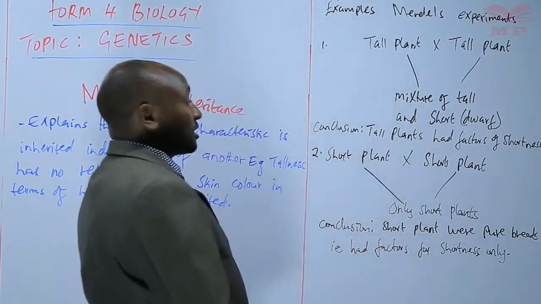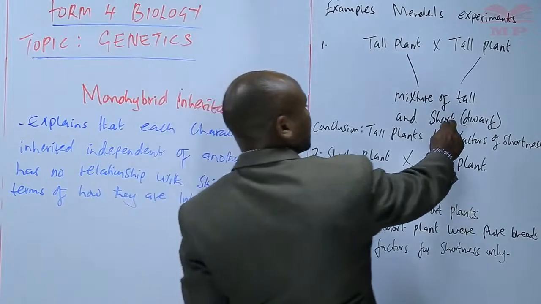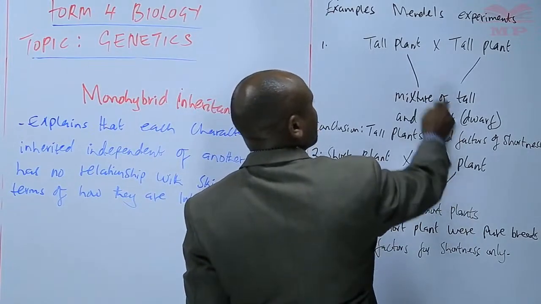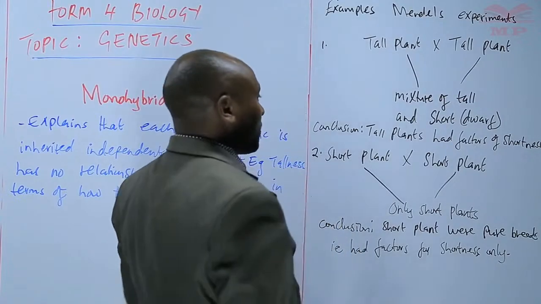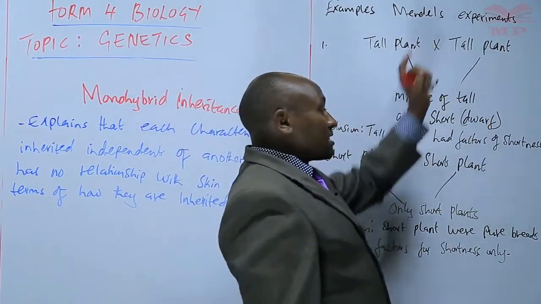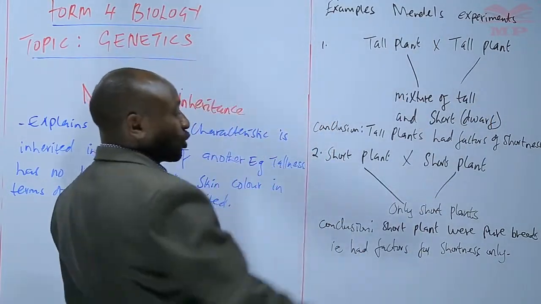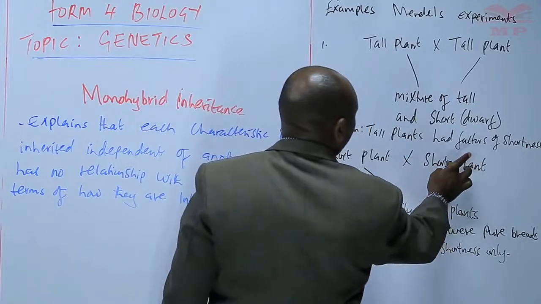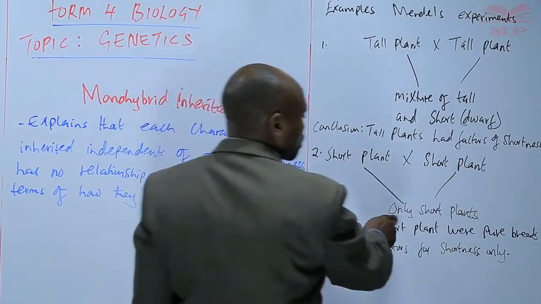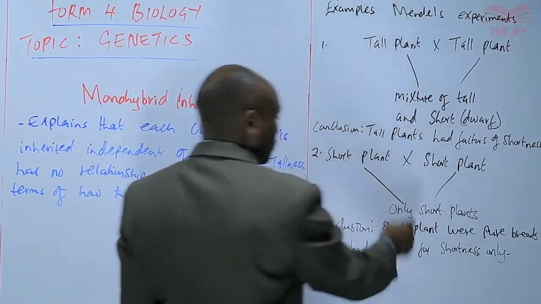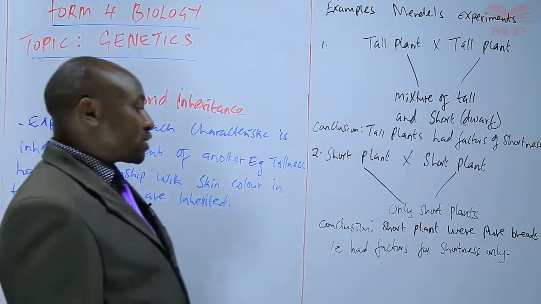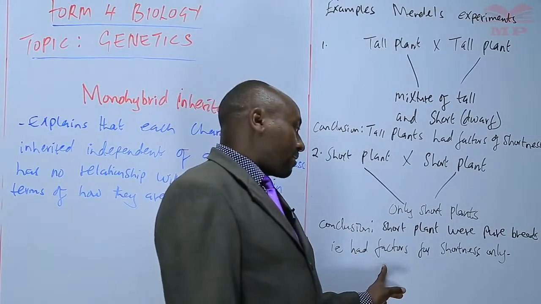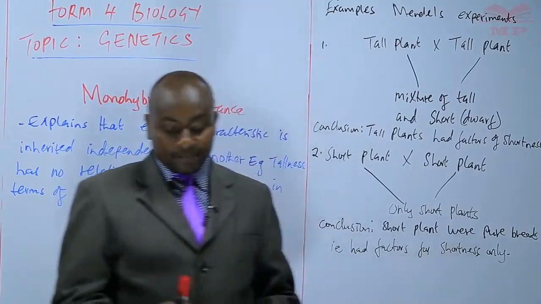And that's an indication that the shortness was still there even in the tall plants. So the tall plants had factors of shortness in them. But after crossing the short plants, he only got short offspring or a short generation. And that means that the short plants were pure breeds that had the shortness only.